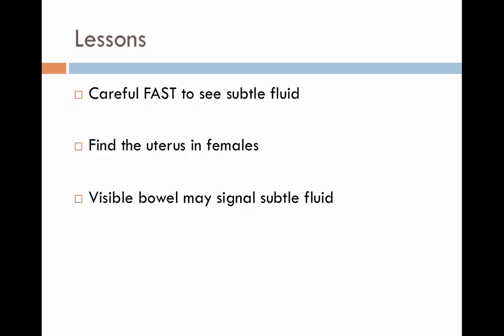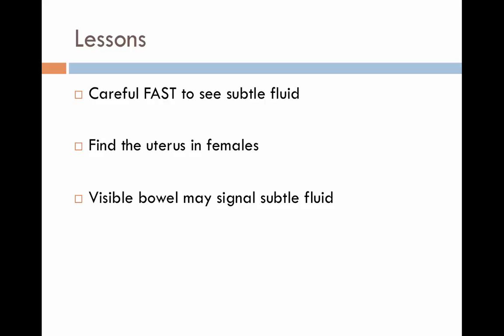So just lessons from this case and some others with the FAST exam. Do a careful FAST. You need to do it efficiently, but you shouldn't go so quickly that you don't see important things, especially subtle fluid. And when you see clues, like you see intestine, then spend a little more time, look a little bit more closely. Find the uterus in females, because behind the uterus is where you're going to find the fluid.